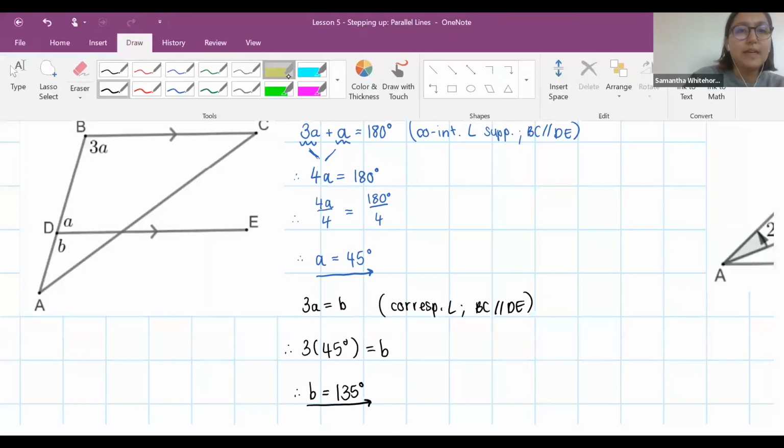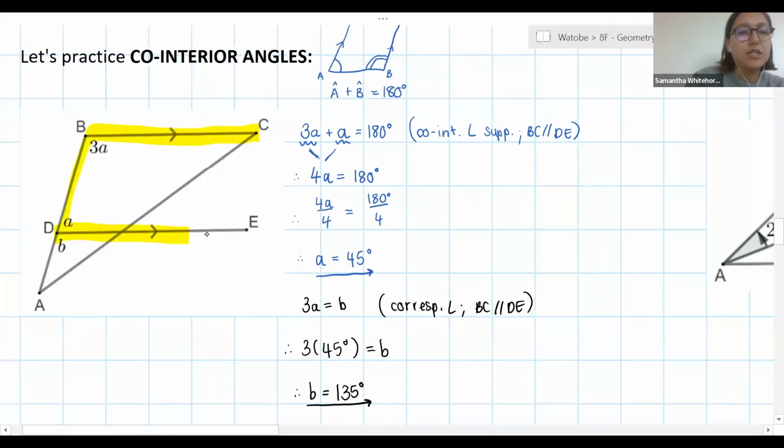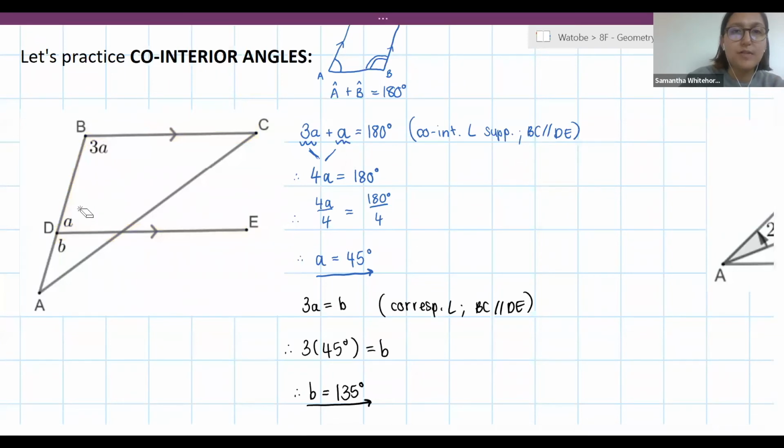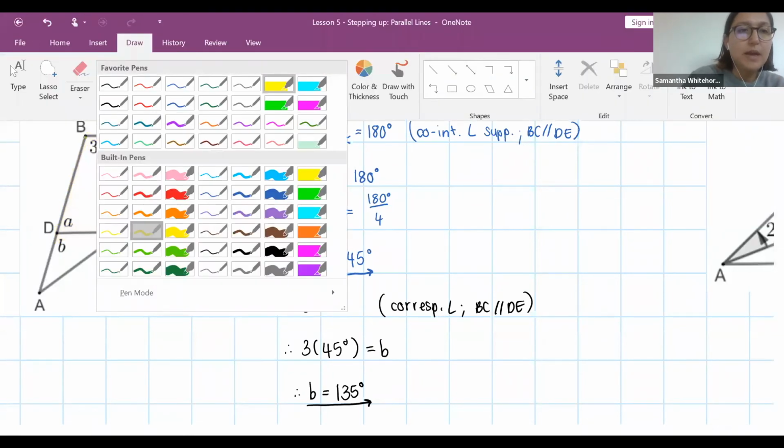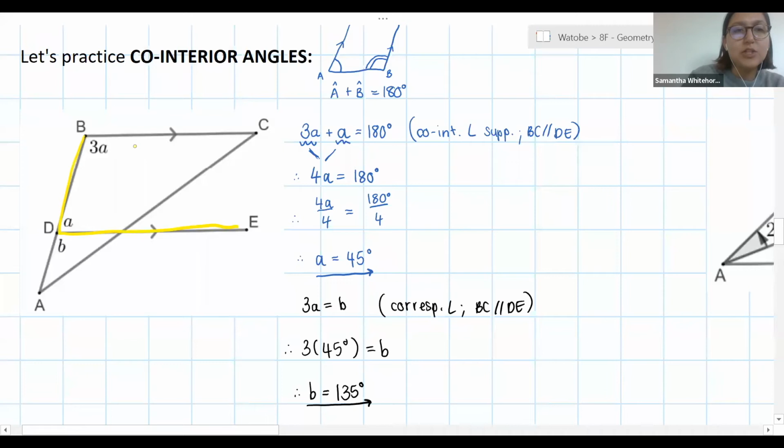So I've got my U shape or my C shape, which means that 3A plus A must give me 180. Because they must equal 180, I can set up my equation that says 3A plus A must give me 180.